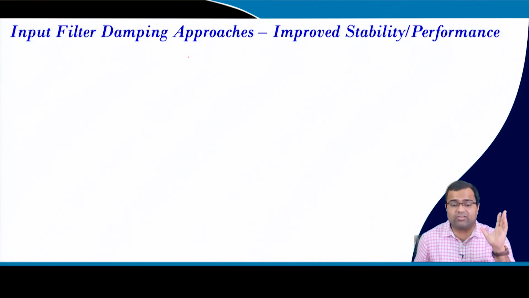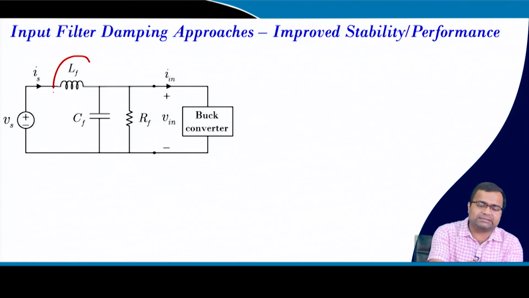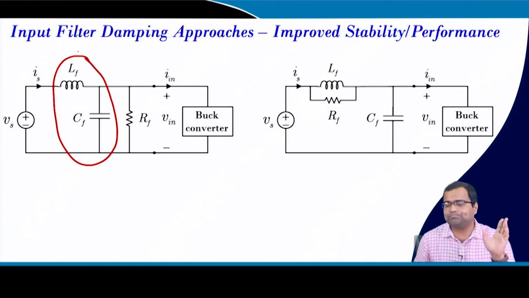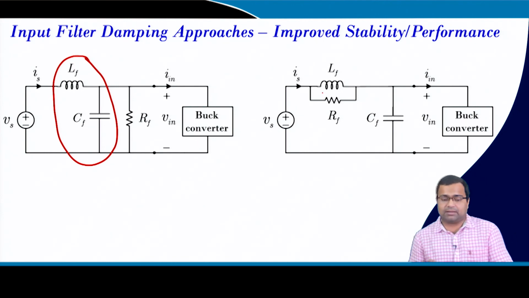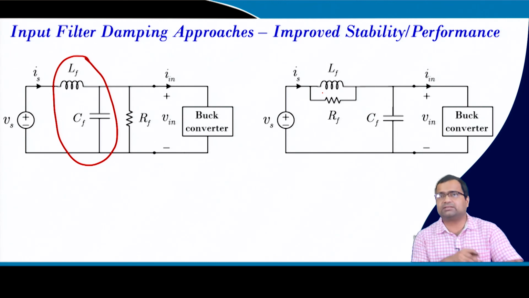So, in order to stabilize the converter, we need to put damping in the input filter, because if you take an ideal LC filter, this will be oscillatory and it will make the closed loop system unstable. So, in order to damp, one way is to put a resistance in series with the filter capacitor, another is to put a resistance in parallel with the inductor, but both techniques will be lossy, and there is a lot of research that happened thereafter.